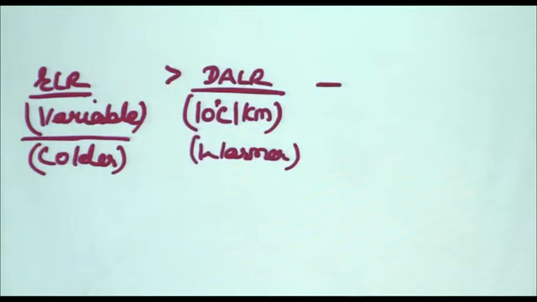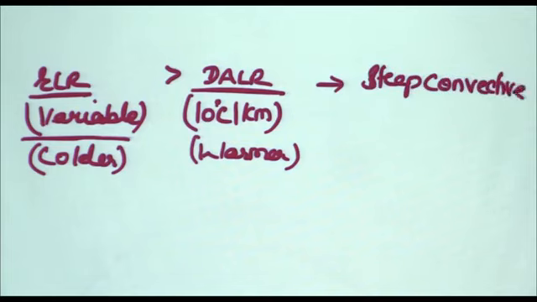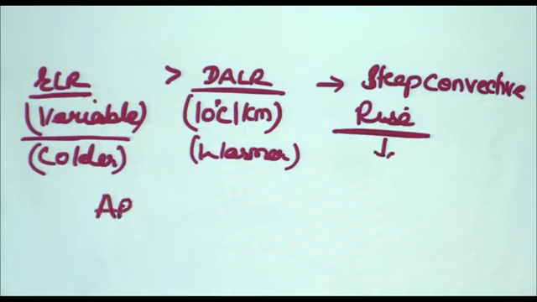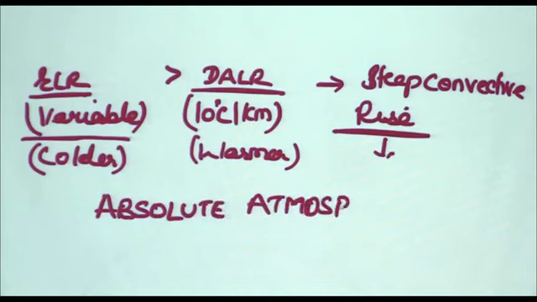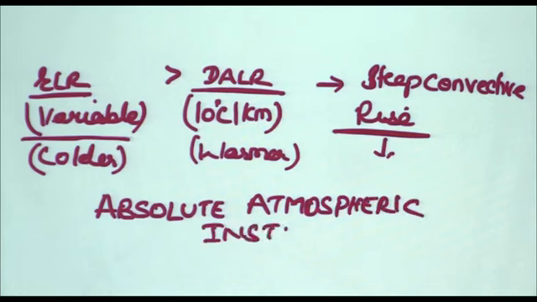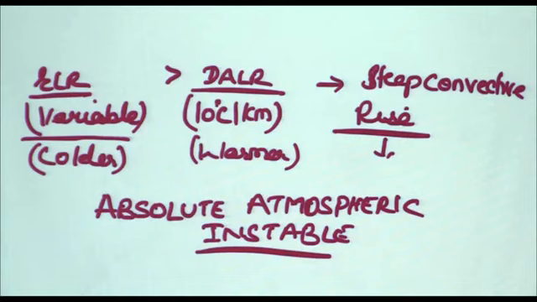And such warm air column will experience steep convective rise leading to absolute atmospheric unstable conditions. And basically it is this absolute unstable condition with which we correlate tropical cyclone.